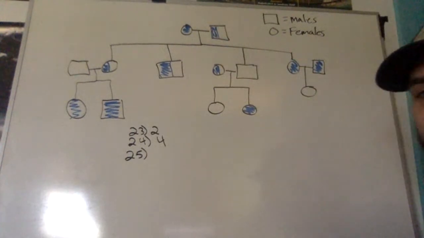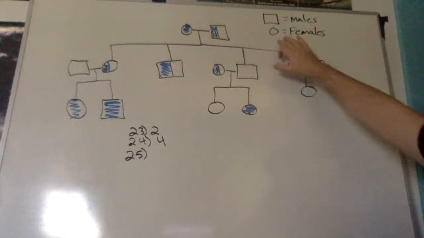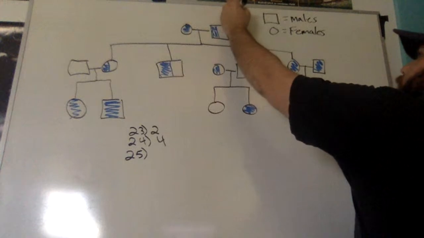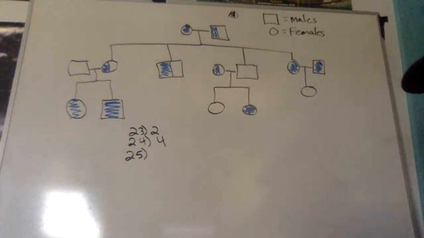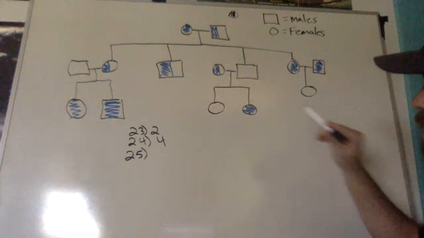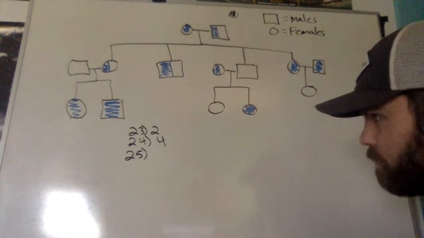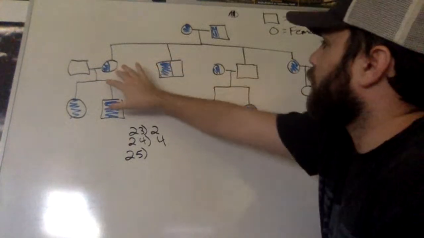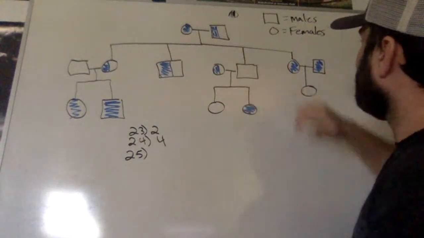Our carriers are halfway shaded in, and I drew them with blue so we can see the difference. So 25, how many females are carriers? We only got 2.